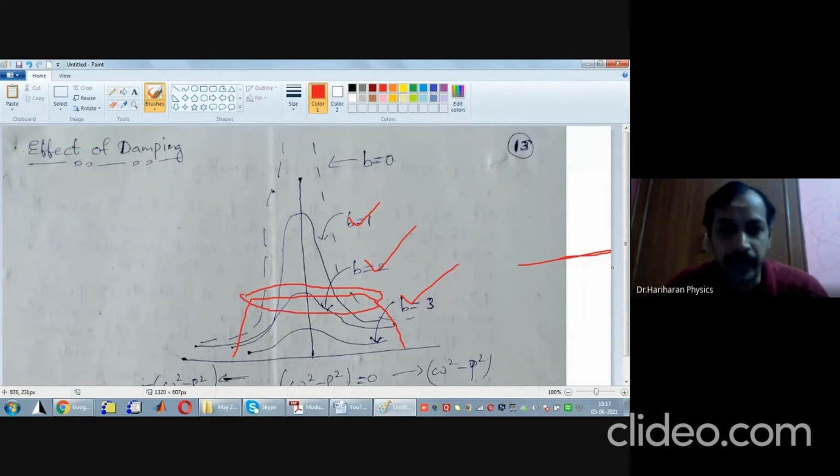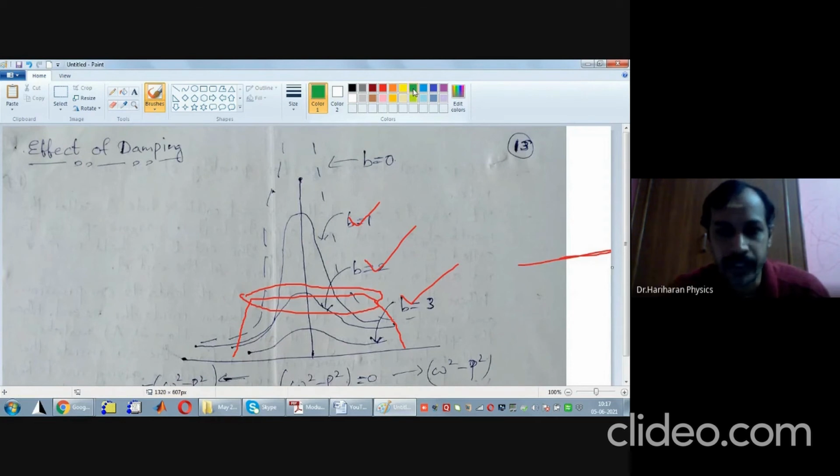On the other hand, if there is no damping force, or if the damping force is less, how does the amplitude vary with the frequency of the external force? I will show that with a green curve.